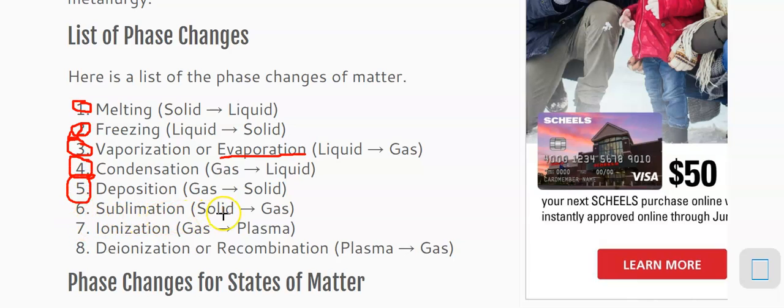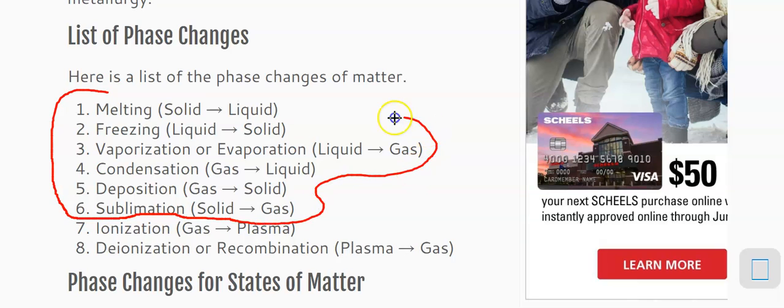Sublimation is when you go direct from a solid to a gas. So very often we think of a liquid as a step between solids and gases, but deposition and sublimation do happen. And so it is important to learn them. So those 6 you are going to need to include. An easier way of looking at it is you need the information on 1 through 6 in your folder.